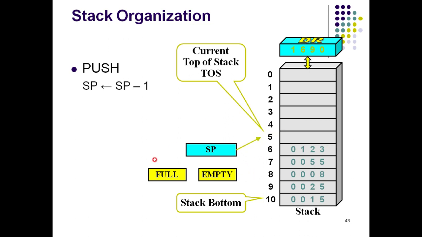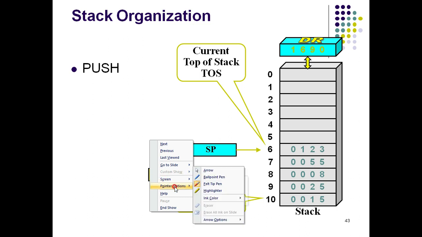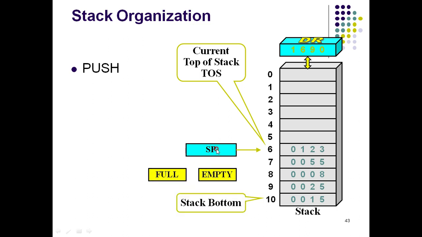When I add a new item, you can just observe where was my previous SP. Observe this point. One second. Yeah, you can see that my previous SP is pointing at 6. So what is push, friends? Push is something which will add an item into the stack. So what do we want to add? We want to add this 1690.